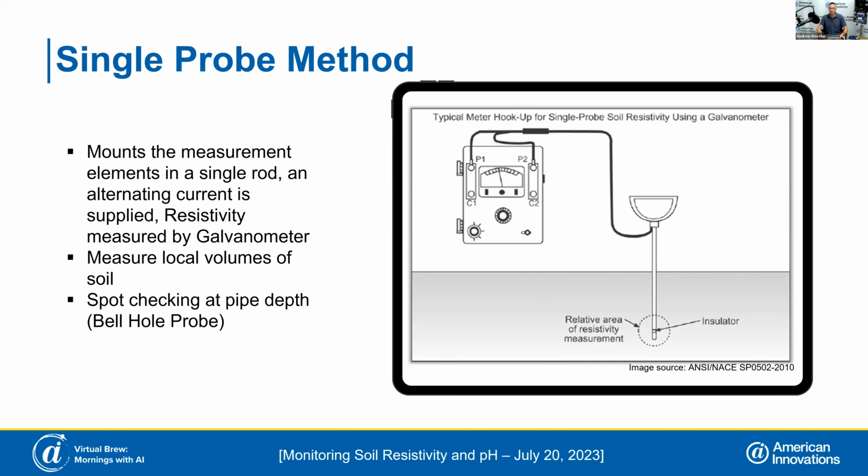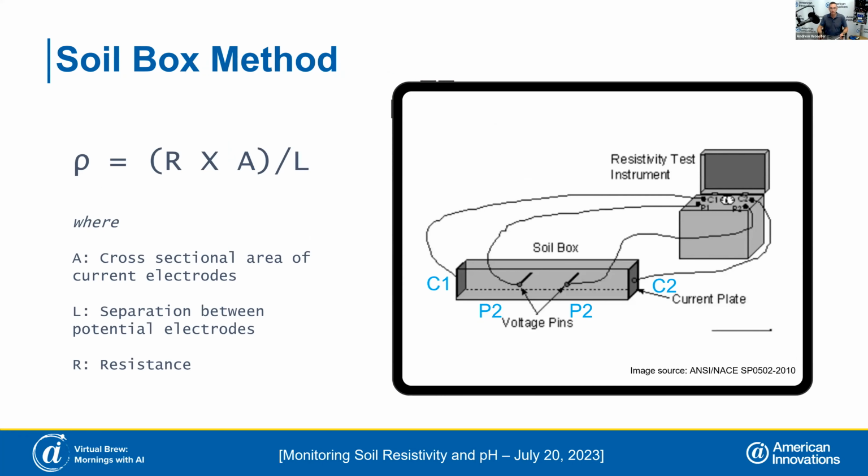On the previous slide, Gord asked, can you please address how the depth of the pins affects things? I think on the single probe method, you've said it's a very localized thing. It's just going to give you the soil resistivity right around the probe itself. Because you're taking a sample of soil away from the environment, the spacing of the pins here is fixed and is really used for the calculation of the soil resistivity.